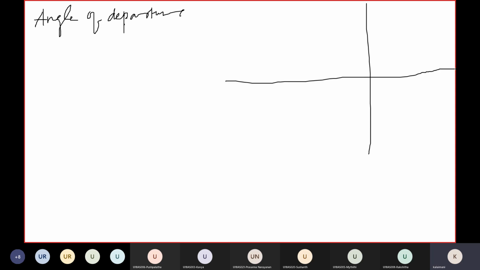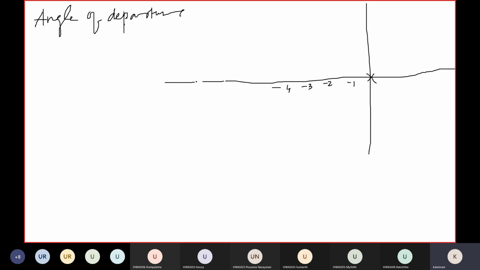Angle of departure. So here I have certain poles. One pole lies here, the origin. Then one pole will be at minus 1, minus 2, minus 3, minus 4.